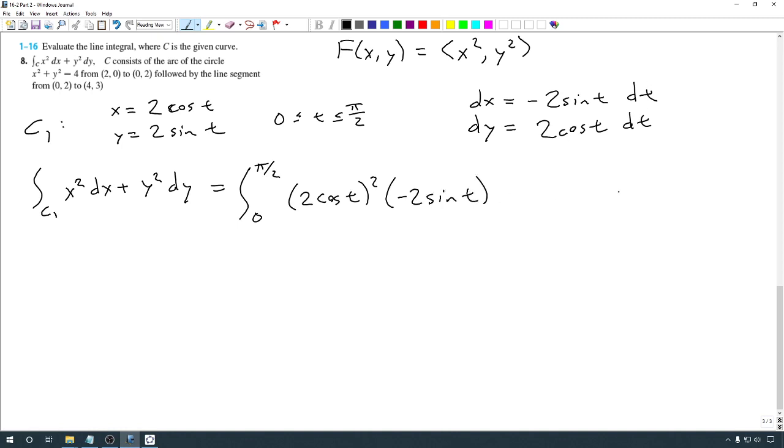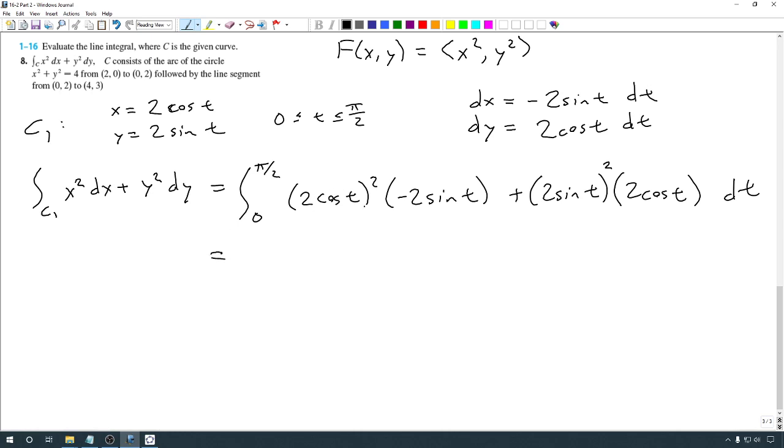Technically, you could put the dt here, but I'm just going to factor out dt to the back. Then we have plus y squared. That's 2 sine t squared. dy gives us a 2 cosine t. And then the dt. And now it's just a matter of doing an integral.